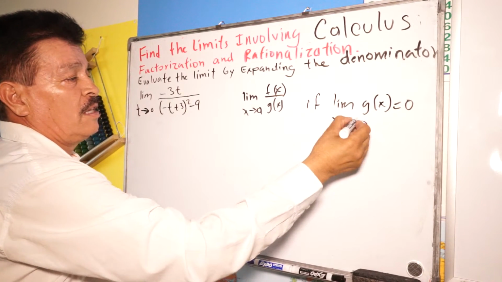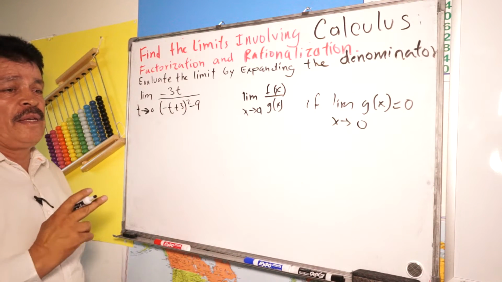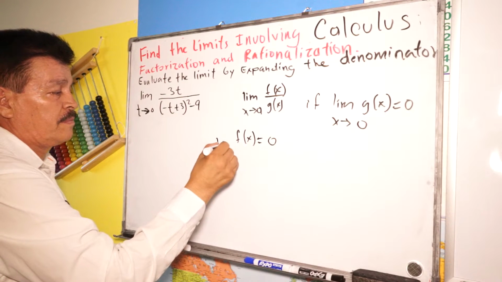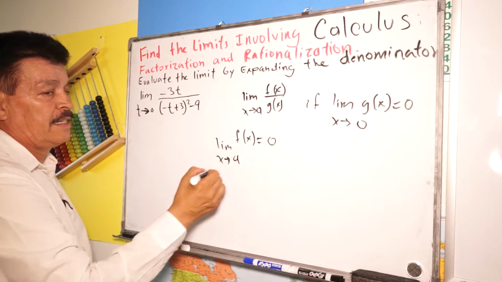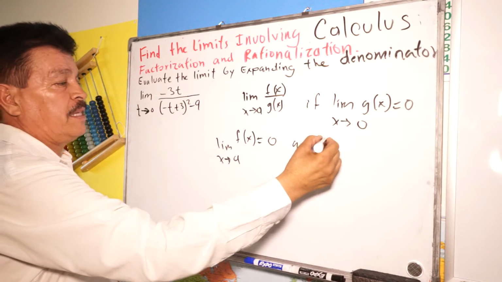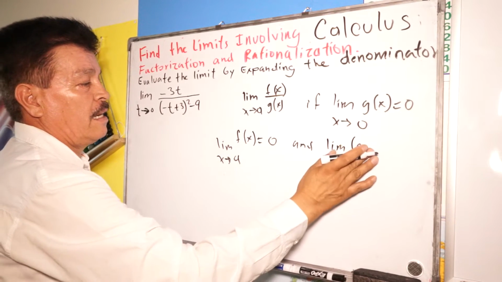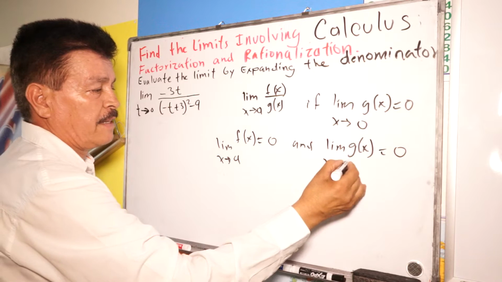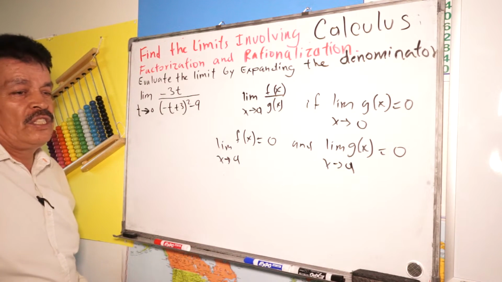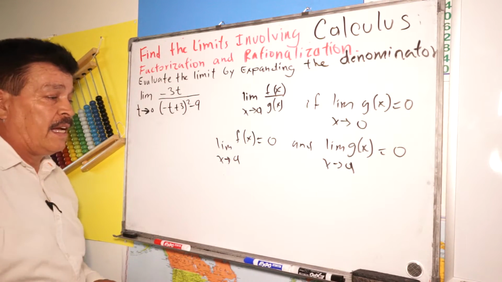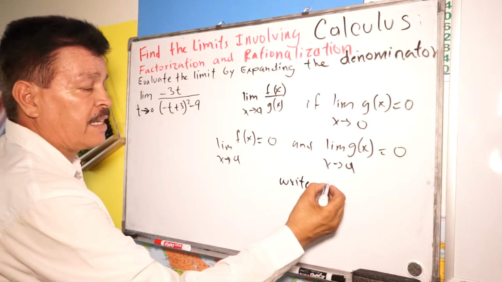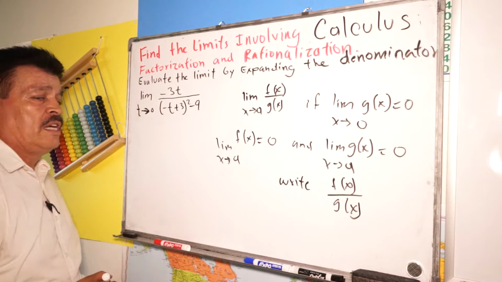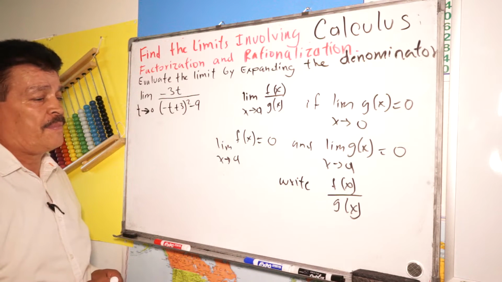If the limit of f(x) equals 0 and the limit of g(x) equals 0, you are able to write f(x) divided by g(x) by first canceling the common expression, and then applying the limit.